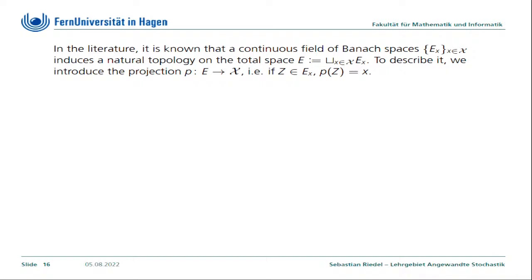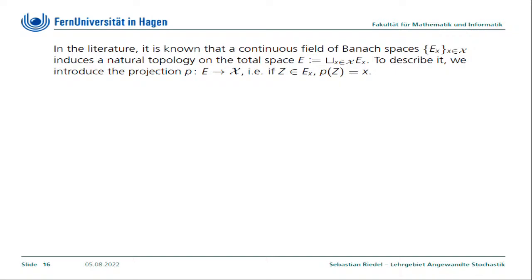And it turns out that having a continuous field of Banach spaces yields also a natural topology on the total space. So the total space is the disjoint union of all these Banach spaces. In our case, it would be the disjoint union of all spaces of controlled paths. And we want to describe it here quickly.